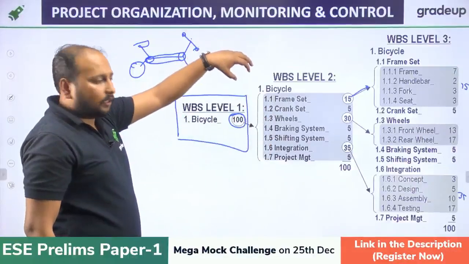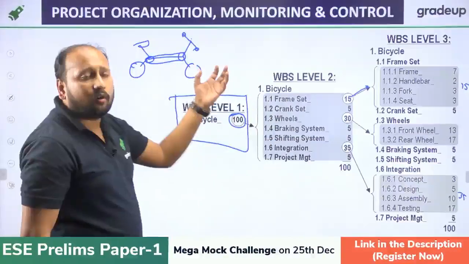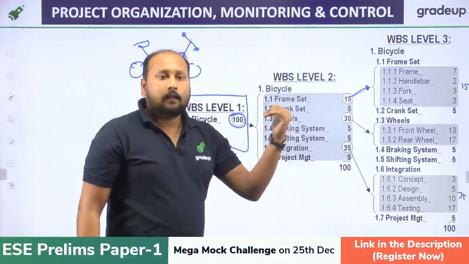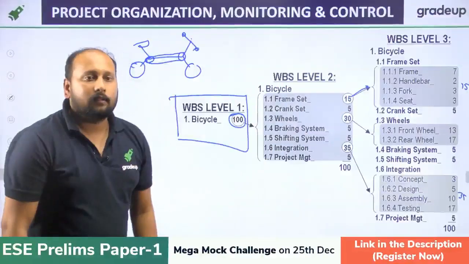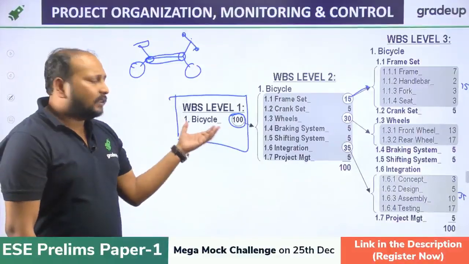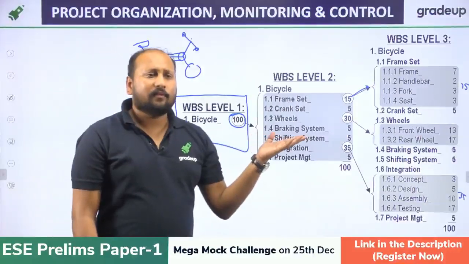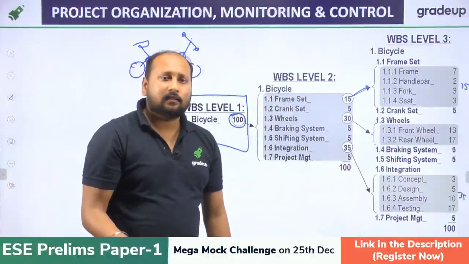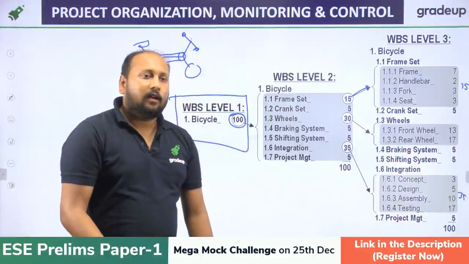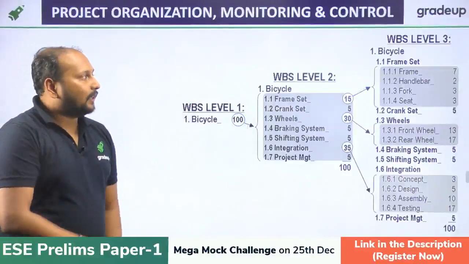Shifting system, like shifting means we are talking about if you are having a bicycle. Exactly. Yes, Rahul. Clear? So bicycle is cycle only. Don't be confused with bicycle and cycle. Like Atlas cycle. Okay, fine. So this is about WBS.